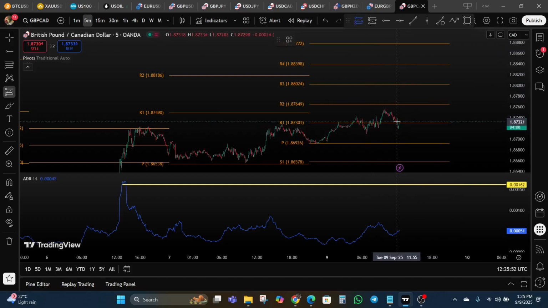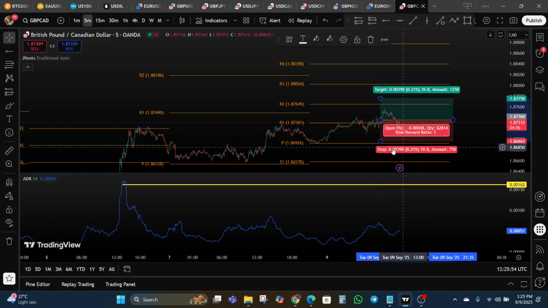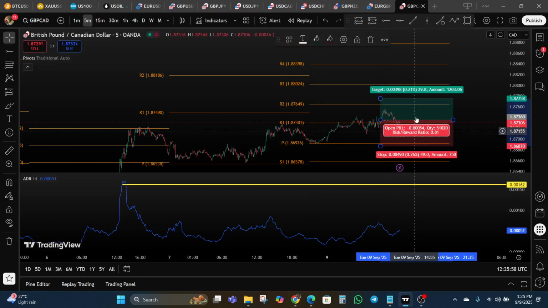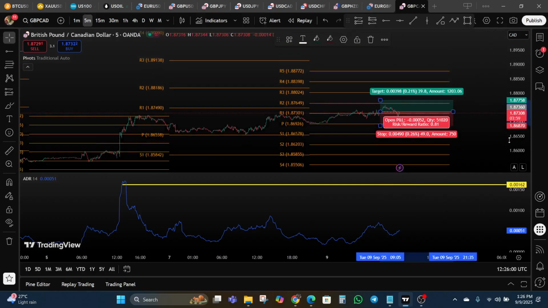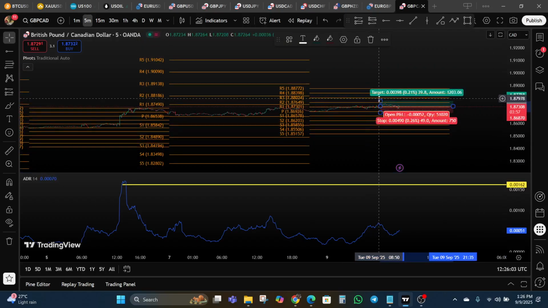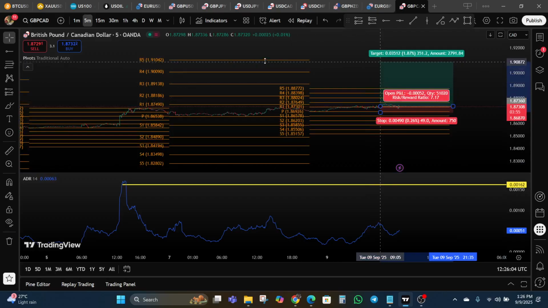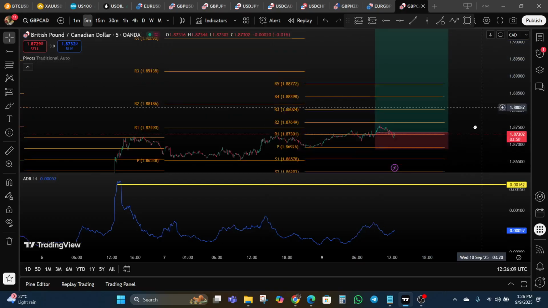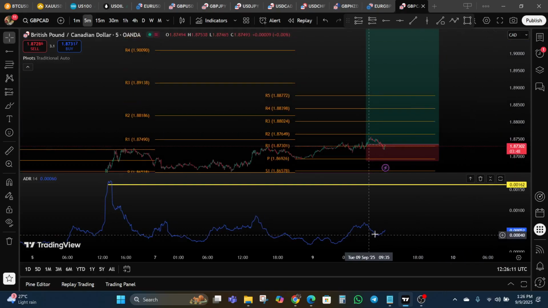Let's say you are entering a buy trade right about here, your stop should probably be below this particular pivot point. Then your take profit can be open-ended, or you can use a reference point here while using your ADR levels for confirmation.